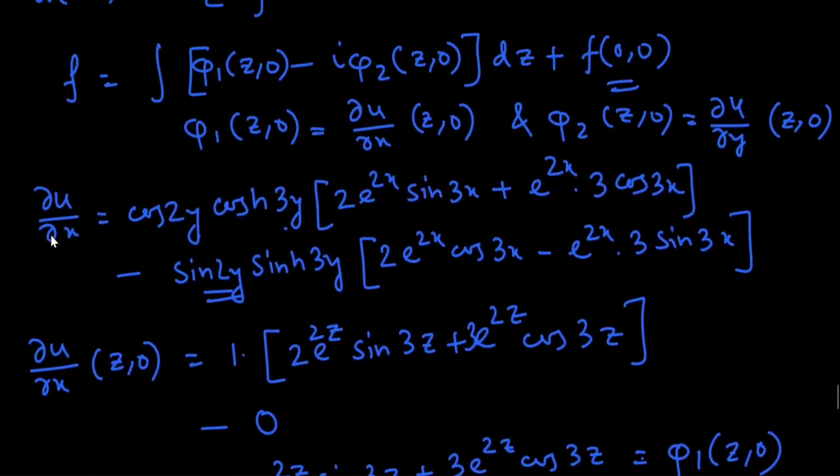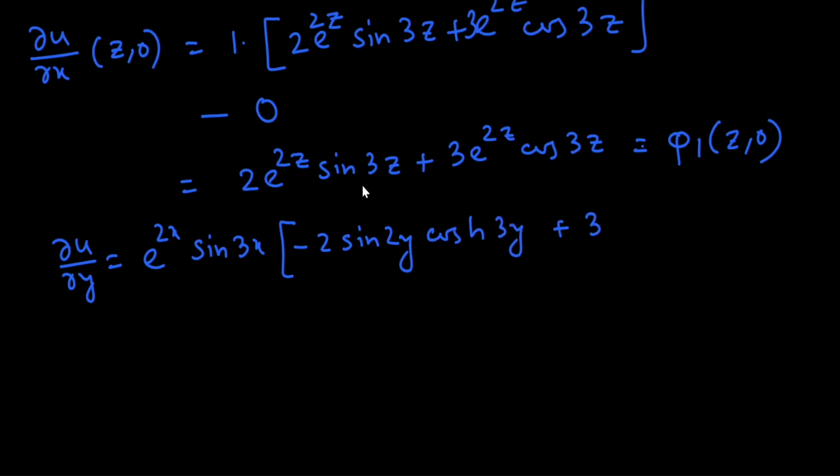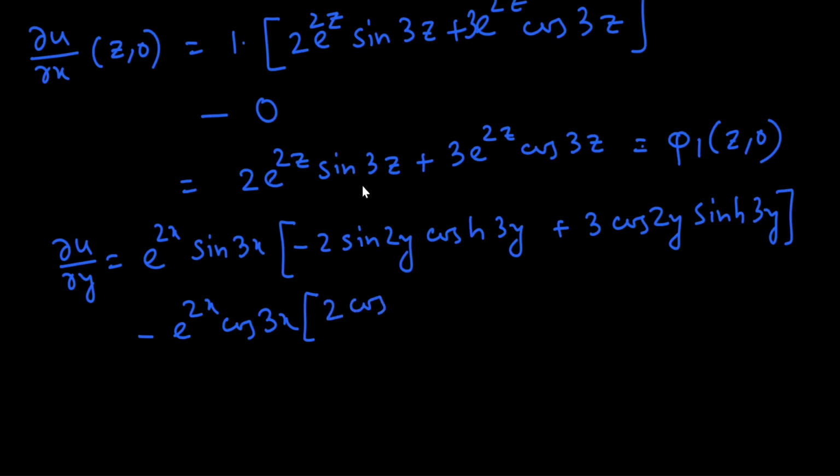So del u del y is equal to e to the power 2x into sin 3x into minus 2 sin 2y cos hyperbolic 3y plus 3 cos 2y sin hyperbolic 3y, you check this calculation independently, minus e power 2x cos 3x into 2 cos 2y sin hyperbolic 3y plus 3 sin 2y cos hyperbolic 3y.